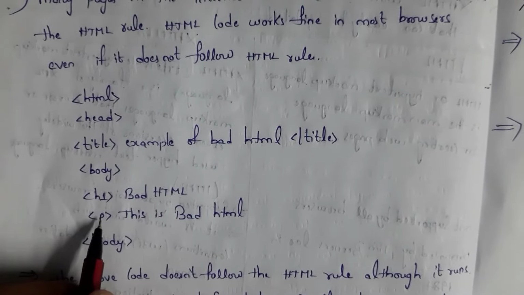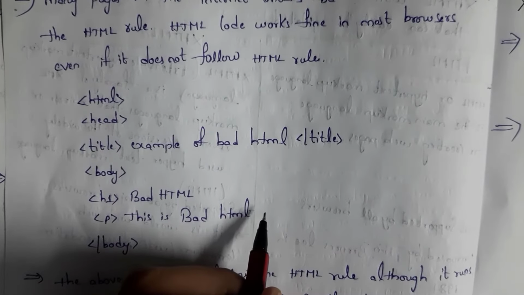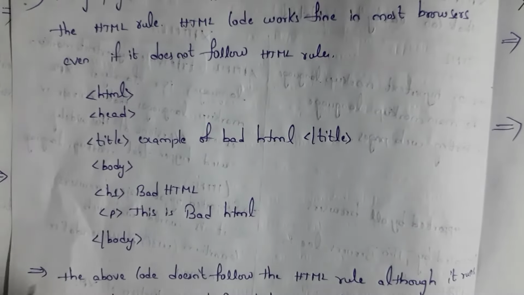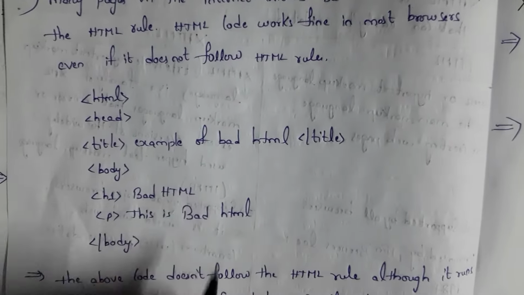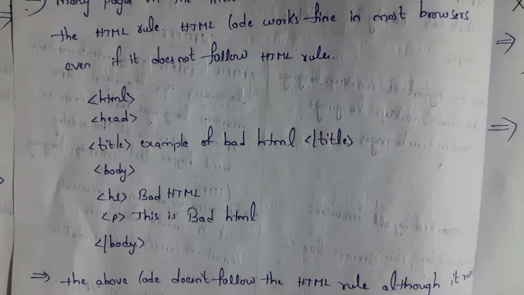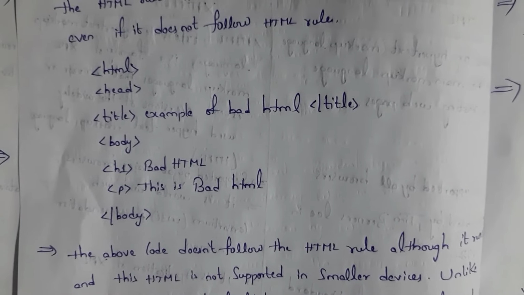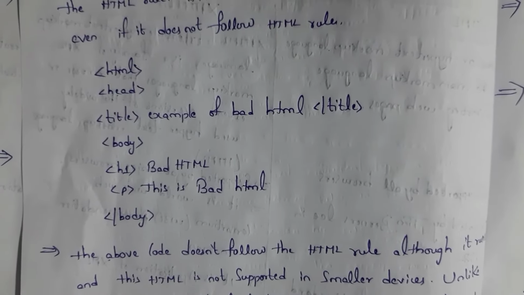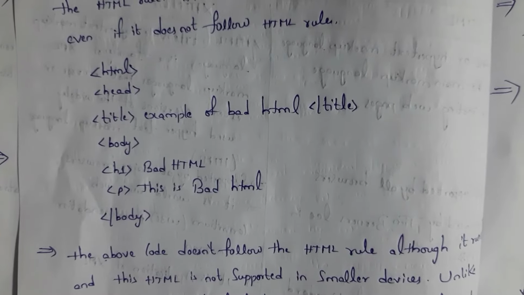Similarly, I opened paragraph, but I did not close this paragraph. Even if I do not include closure tags here, this program will work in HTML, but this program will not work in XHTML because XHTML follow rules very strictly, whereas HTML do not follow rules strictly.